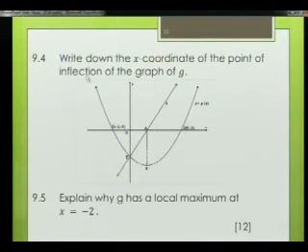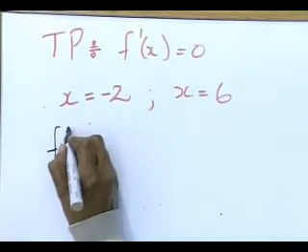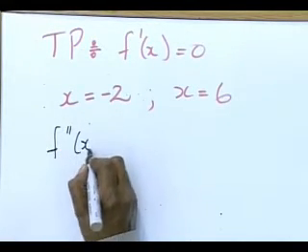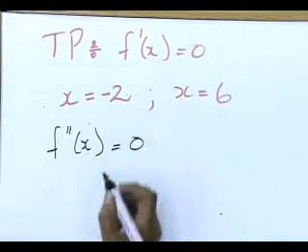Okay, write down the x coordinate of the point of inflection of the graph of G. The point of inflection, I hope you can still remember, is where the second derivative is equal to naught.